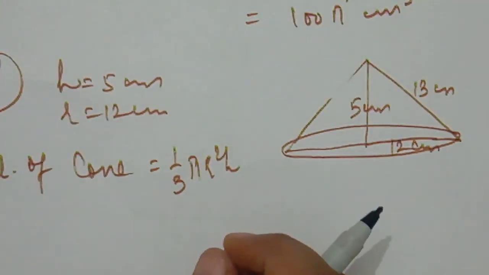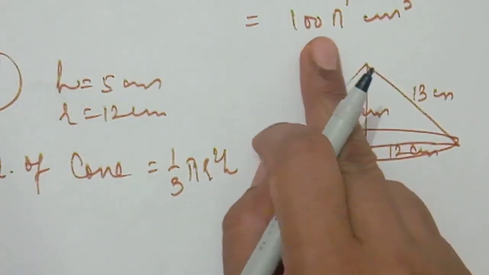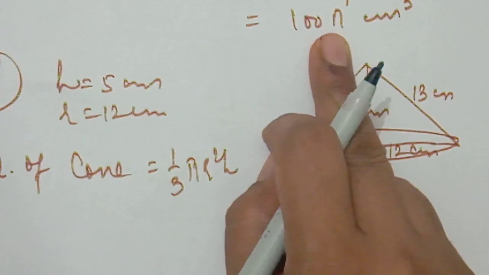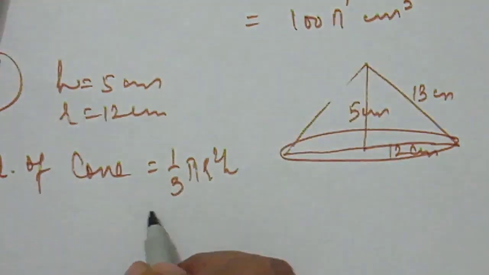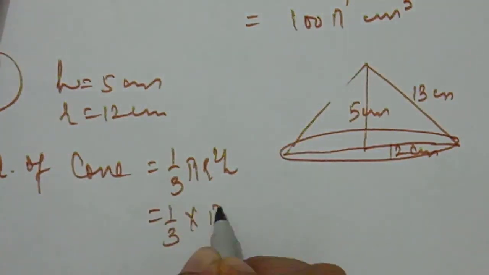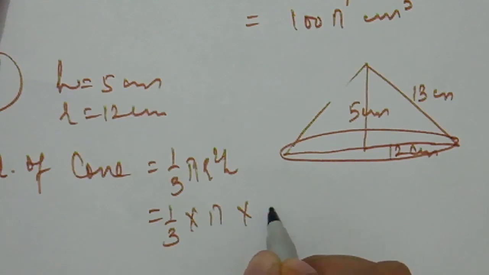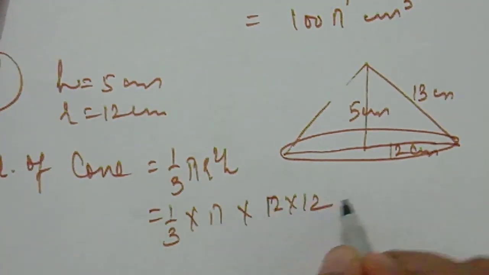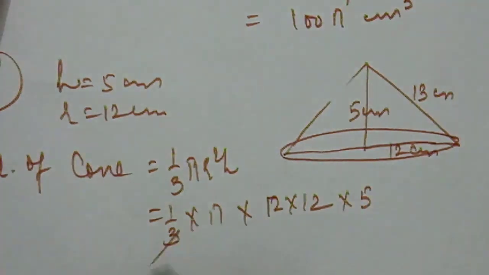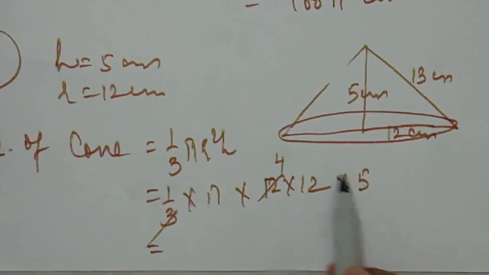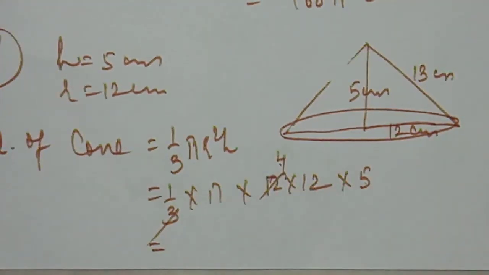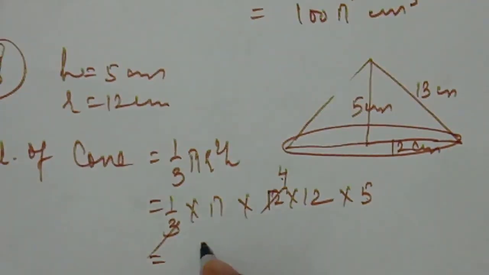Because we have to find the ratio in these two questions, we will find the answer in the form of pi, so again we will not solve for pi. So it is 1/3 into 12 square into height 5, which is 4 into 60, so it is 240 pi centimeter cube.